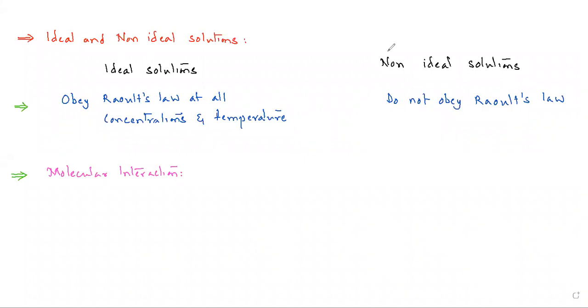See, when say two liquids A and B are mixed, in this case, if the interaction between the molecules of A and B is the same as what it was earlier between the molecules of A and those of B, that means if there are no new attractions, then they are said to be forming an ideal solution.